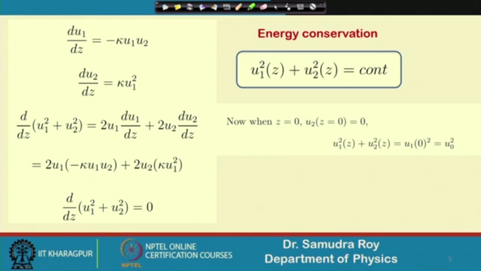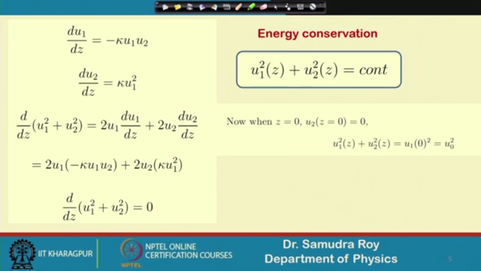Now, the coupled equations, where u1 and u2 are coupled to each other, are the two coupled equations for the fundamental wave and the second harmonic. So, we just replace du1 dz and du2 dz with the values from our mother equations.